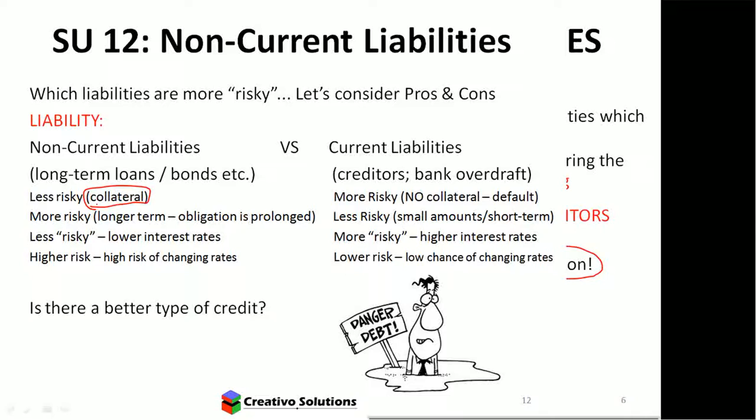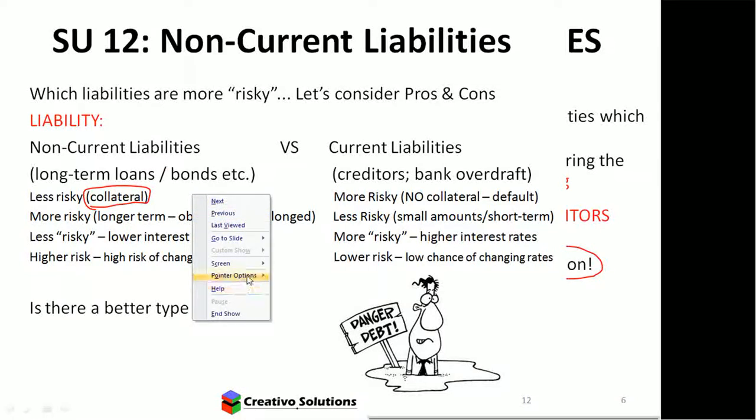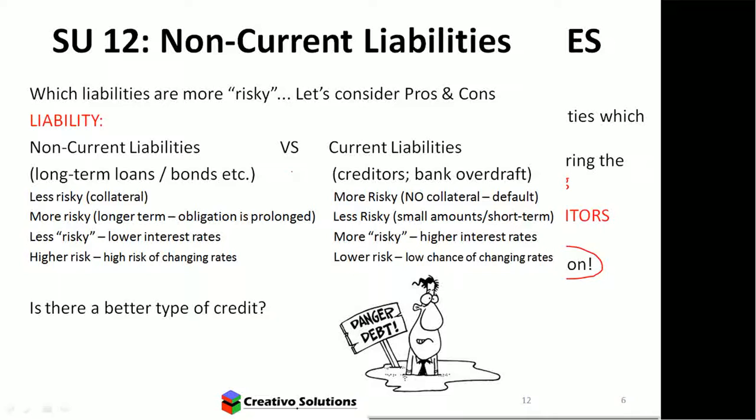Okay, so when looking at non-current and current, which do you think is better? Do you guys have a specific preference? Do you like the one more than the other? Well, debt is dangerous because debt creates more risk. Because the keyword was obligation. Do people want lots of obligations?